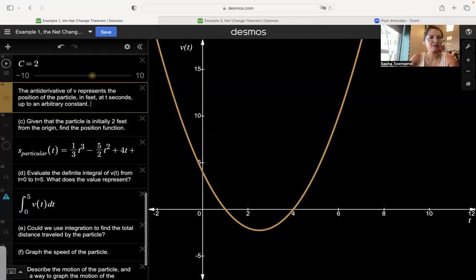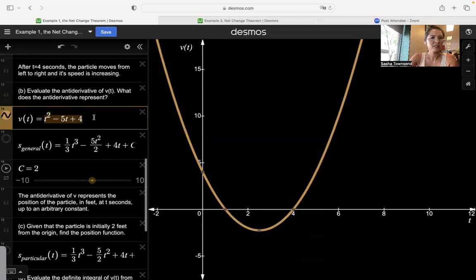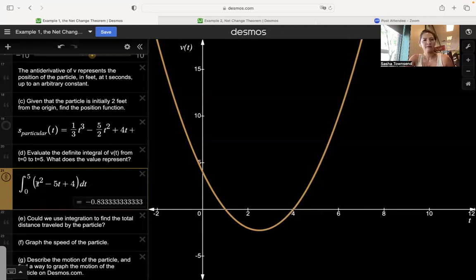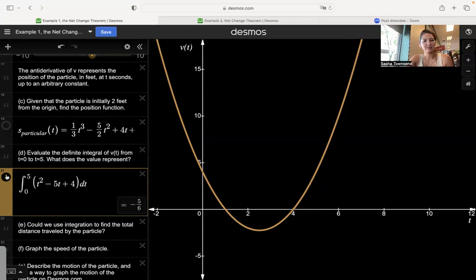It never has had trouble with that before. We'll just copy and paste that. No problem. There's always a way to work around it. So there's my v of t. The integral from 0 to 5 of v of t is this negative 8.3 repeating. The exact answer is negative 5.6.